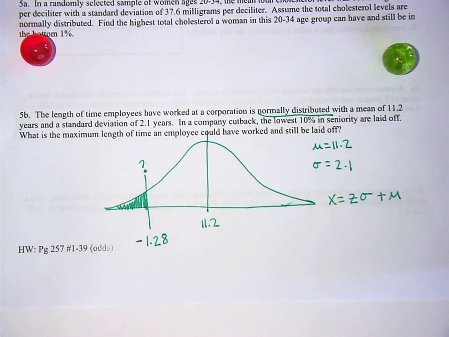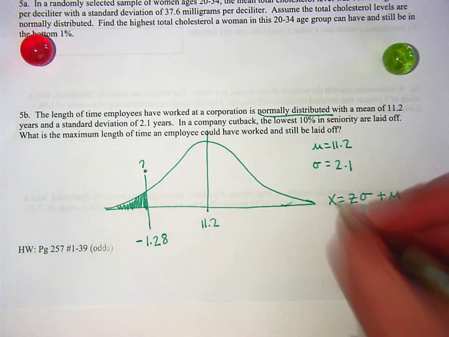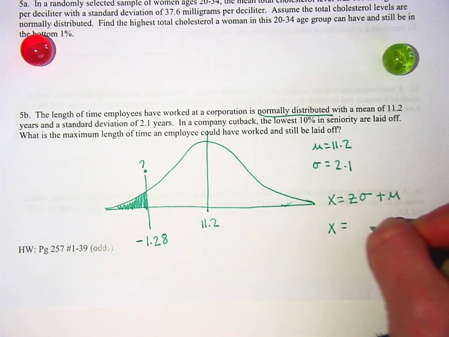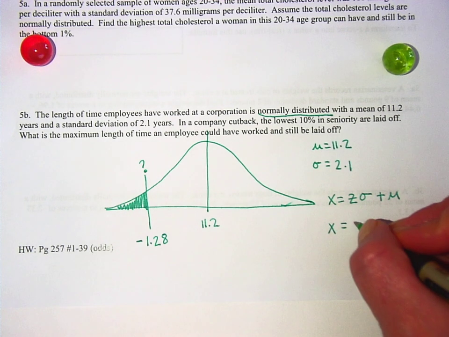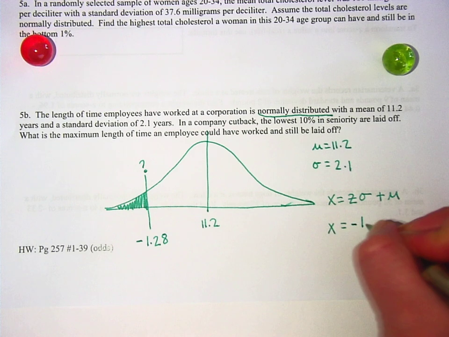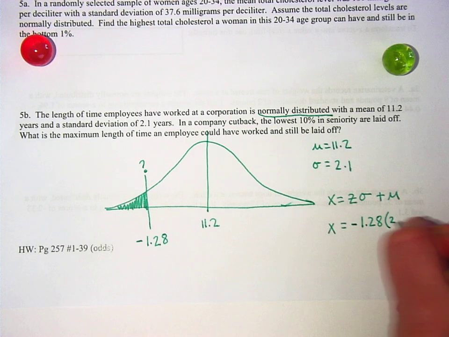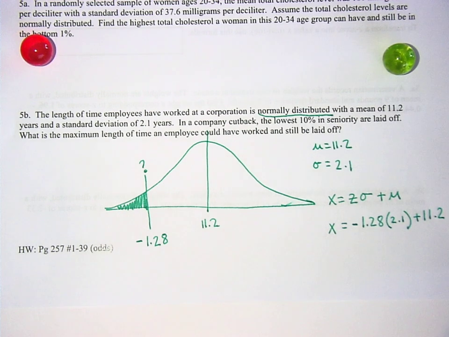Also, you could just look up 10% or 0.1 in the middle of the table and find out that it's negative 1.28. By the way, they use 10% and 25% and 1% a lot, so you'll start memorizing those z-scores pretty quickly. So x equals negative 1.28 times 2.1 plus 11.2.